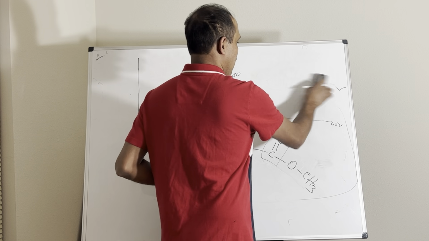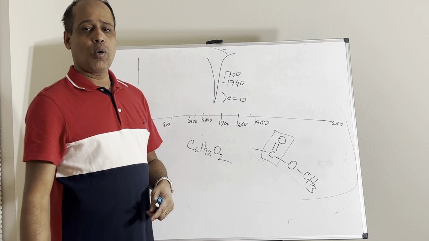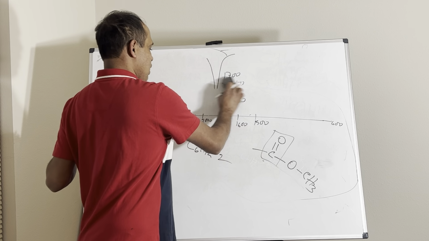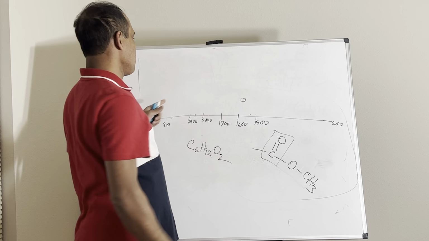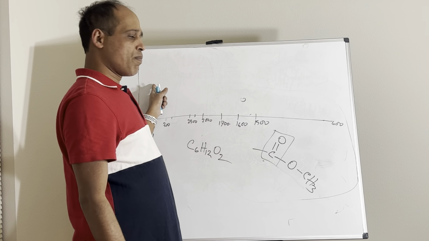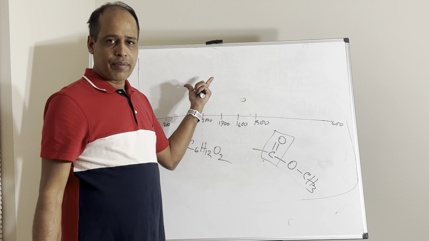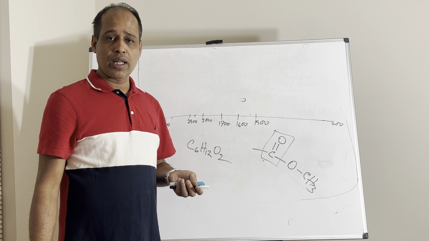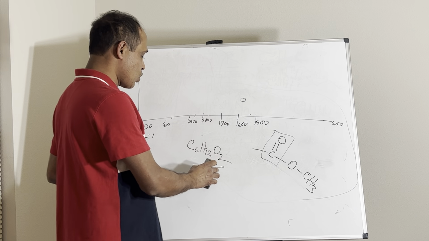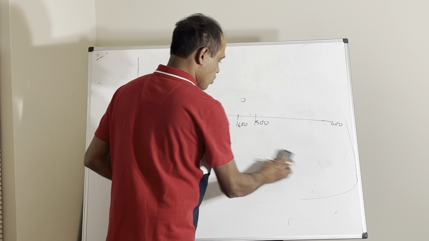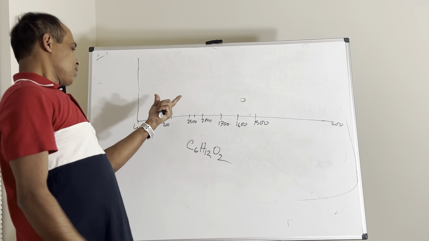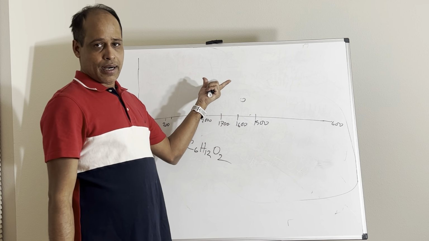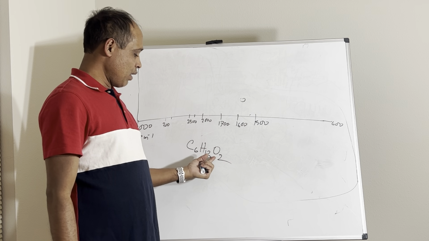Okay, now if you have oxygen in your molecule but you don't see any carbonyl peak, any alcohol peak, nothing in this area, but you have oxygen in your molecule, what could it be?